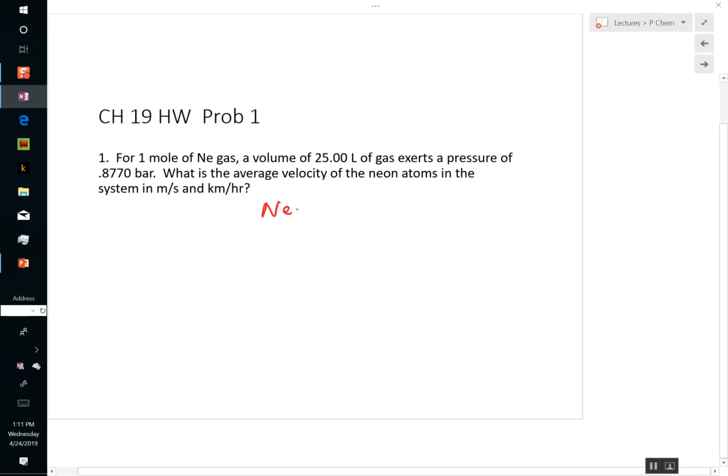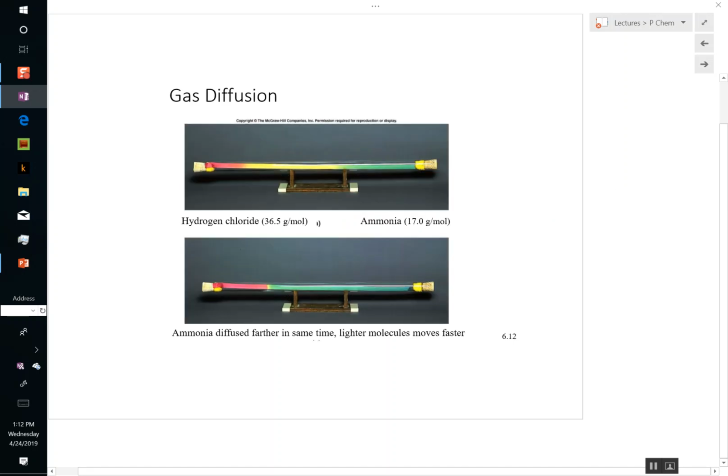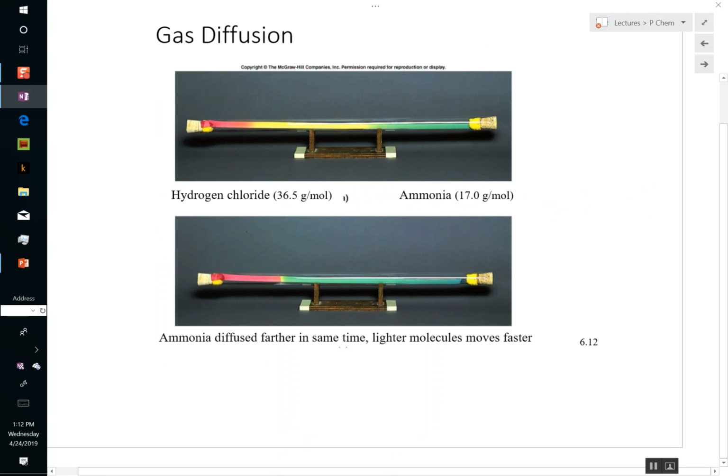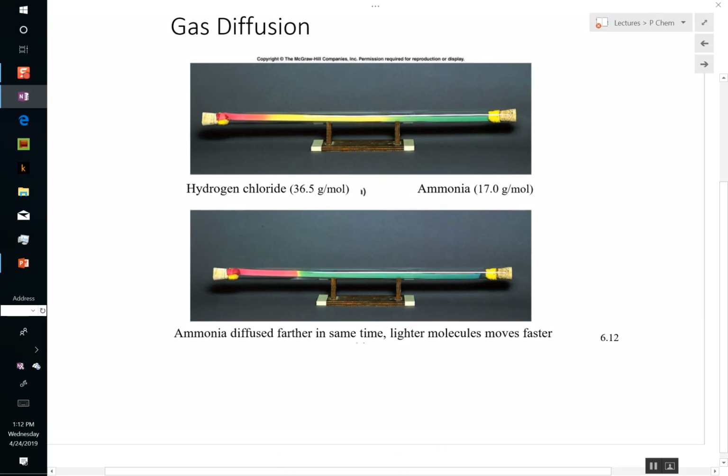So we had neon, it's 571 meters per second. Helium from before was 1282 meters per second. Here's a classic little experiment. Have you guys ever seen this in principles? Okay, well let me explain it.